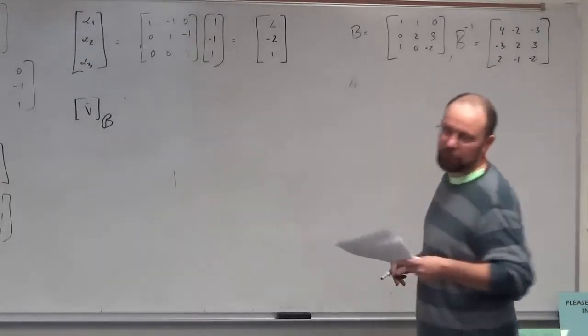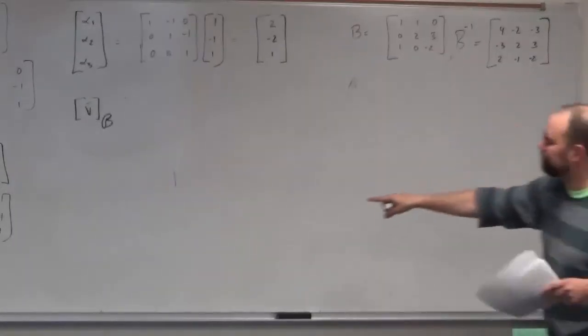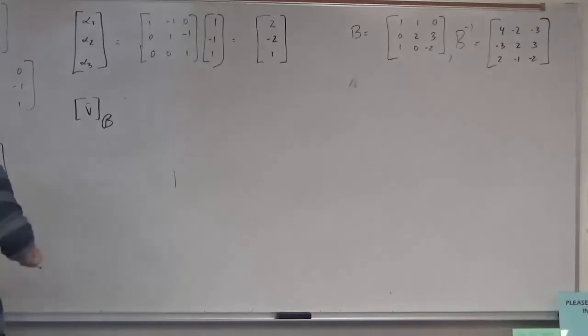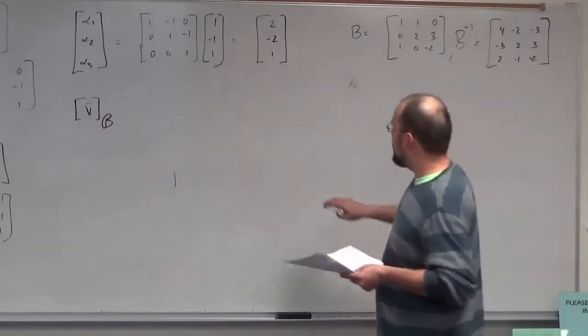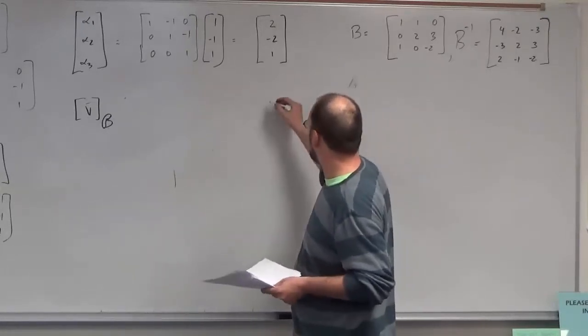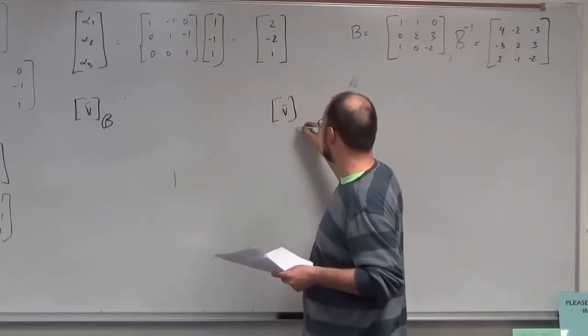Okay, now just check it really quickly, it's a -2. Okay, so we have the coordinate vector with respect to basis A.